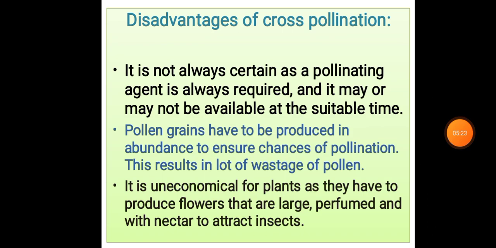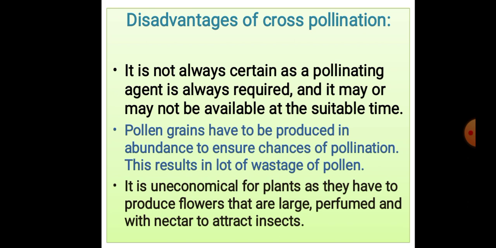And also, you might have seen some disadvantages of cross pollination, which are these: it is not always certain, as a pollinating agent is always required. You understood? Pollinators are always required, and they may or may not be available at the suitable time.